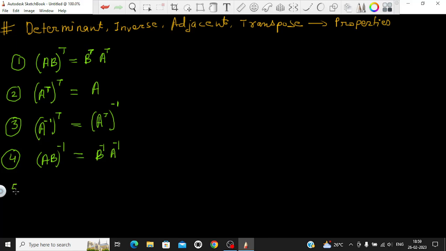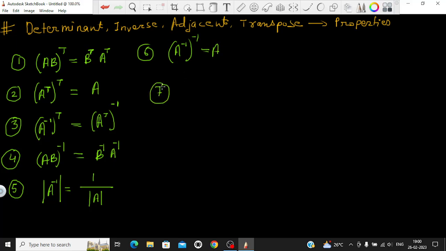And fifth property is, if you take determinant of A inverse, then you will get 1 by determinant of A. Now sixth property is, if you take A inverse to the whole inverse, then you will get A. This is sixth property.